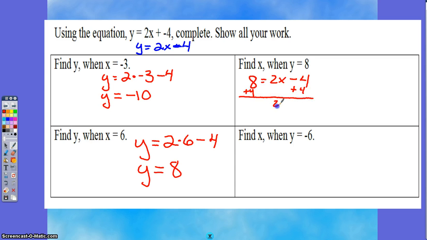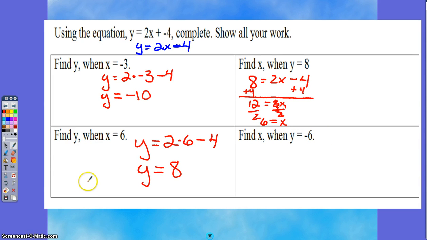So I'm left with 2x equals 12. Now my x is being multiplied by 2, so I need to divide by 2. And I'm left with x equals 6.